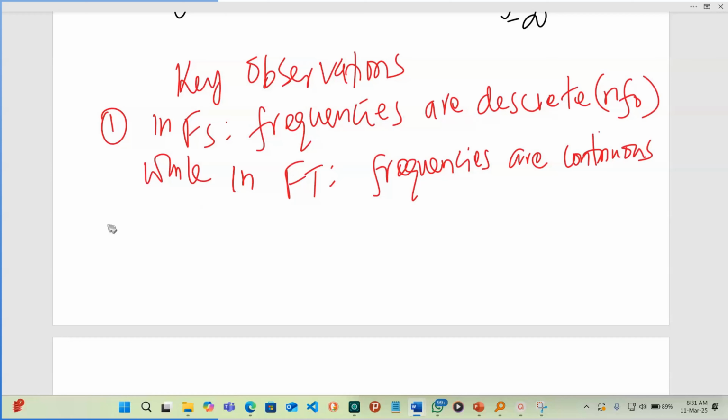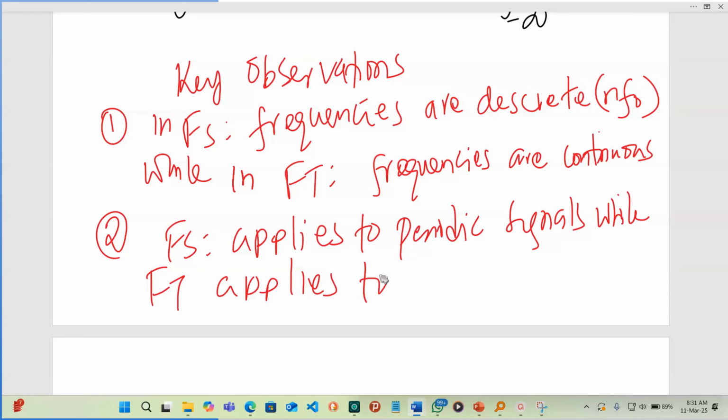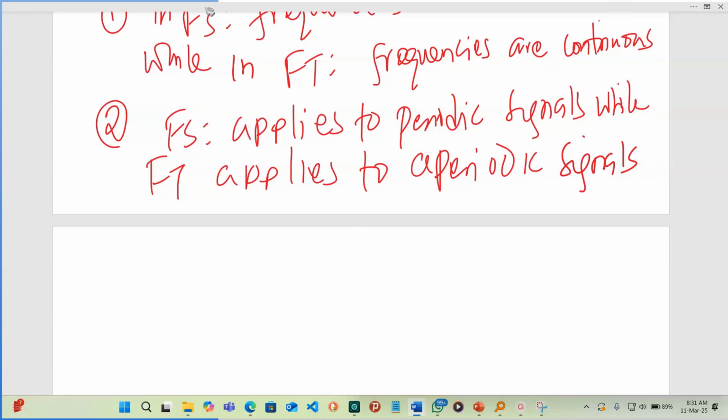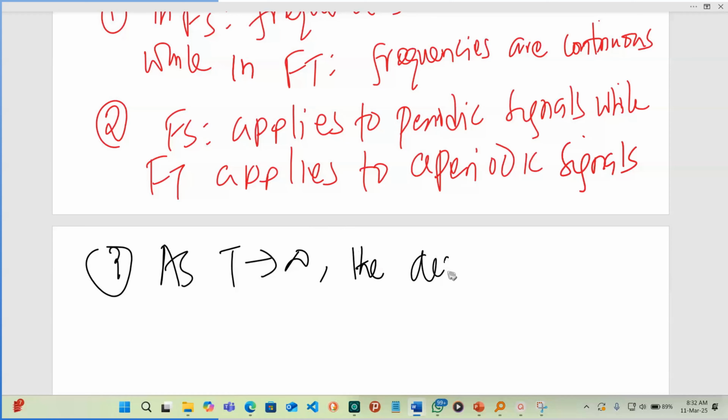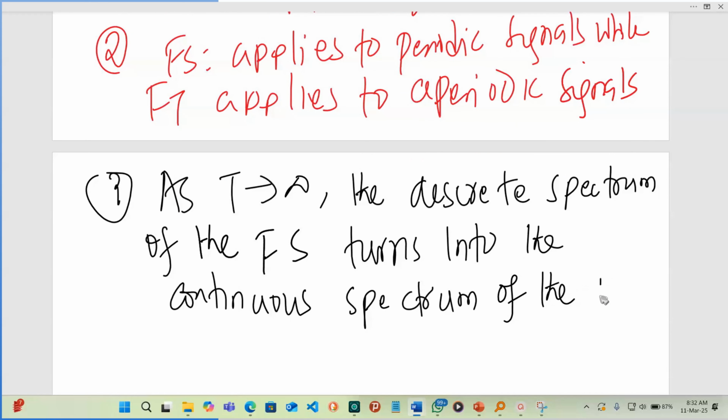Another point is that the Fourier series applies to periodic signals, while the Fourier transform applies to aperiodic signals. We have again seen that as T tends to infinity, the discrete spectrum of the Fourier series turns into the continuous spectrum of the Fourier transform.